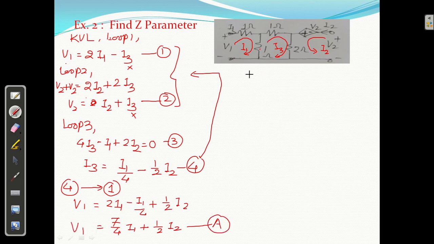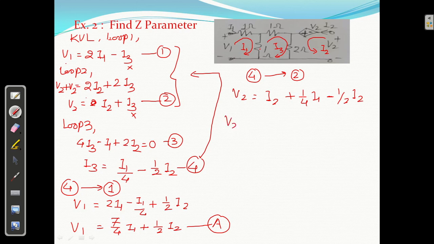When we put equation number 4 in 2, we are putting the value of this I3 in 2. So you will get V2 equal to what? I2 plus I3. I3 मतलब ये plus 1/4 I1 minus 1/2 I2.